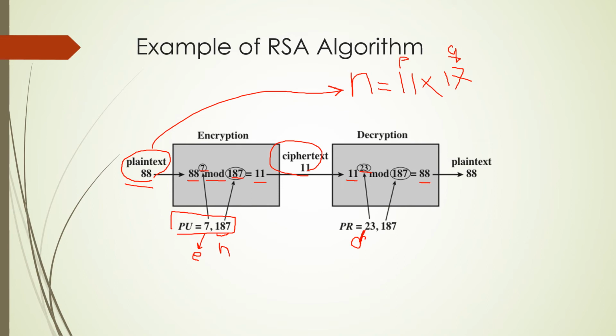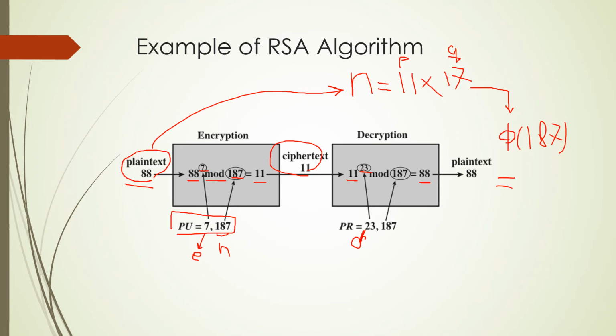Now, let me tell you the relation between E and D. If you remember, I said given n, you can calculate the totient function of n, which is in this case for 187. And if you remember in the previous slides, the totient function in general is equal to the number of integers that are less than n, or 187 in this case, and they are relatively prime to n.